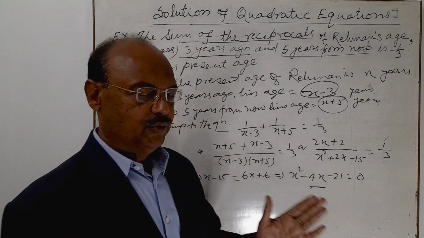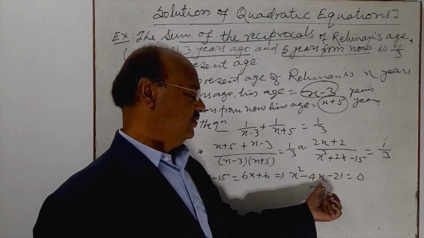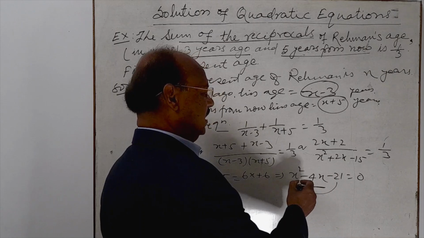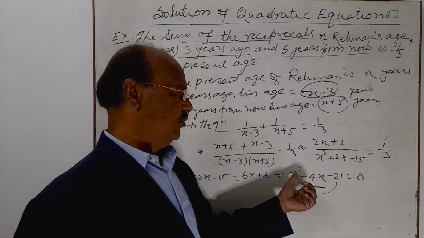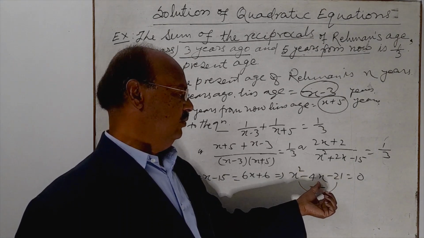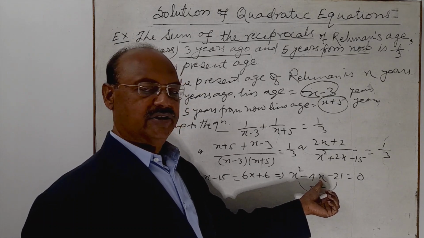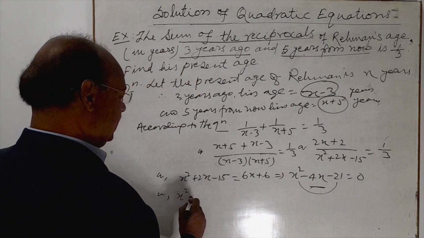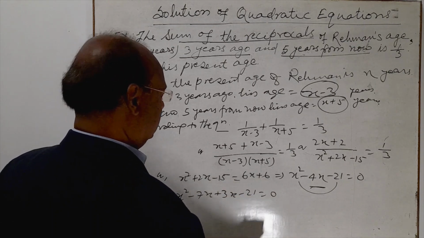How to factorize? The middle term should be split into two parts such that the sum remains the same, minus 4x, but the product of these two parts will be equal to the product of the first and last terms. If the first and last are x square and minus 21, the product will be minus 21x square. So let us try. We can write this as x square minus 7x plus 3x minus 21 is equal to 0.